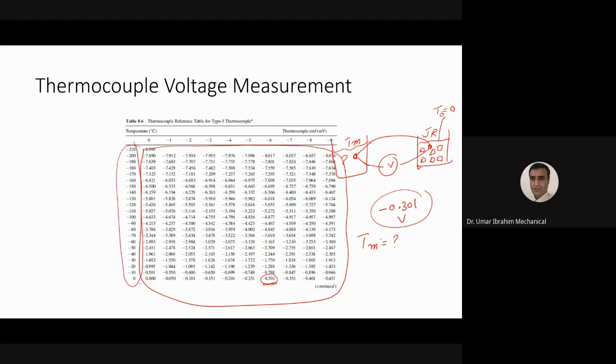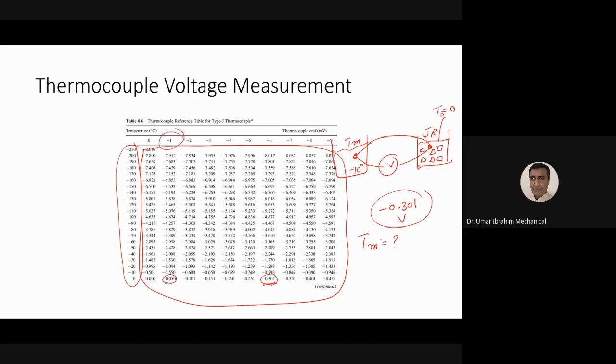Now, if this temperature were to be 0 degree C, then the output voltage would have been 0.000. Okay? If this temperature would have been minus 1 degree C, then the output would have been 0 minus 1.